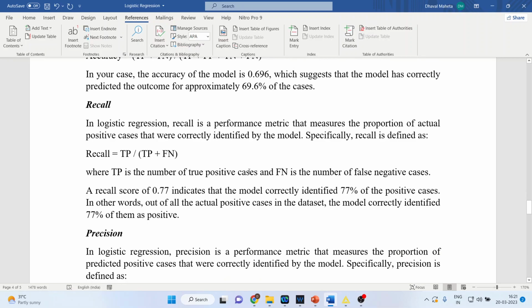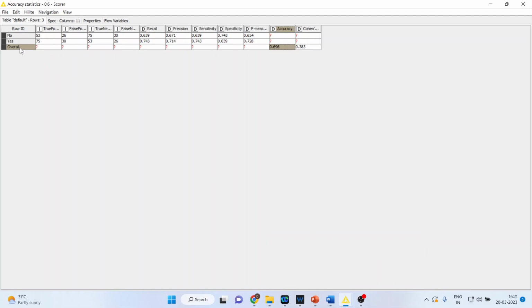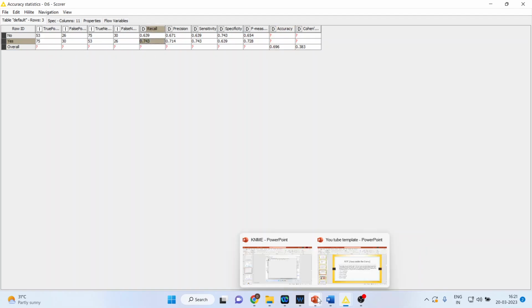Then comes the recall. Recall is true positive divided by true positive plus false negative. We have already discussed this concept. Let me check where the recall is. So here I will pick up the recall of yes, and it is 0.743.